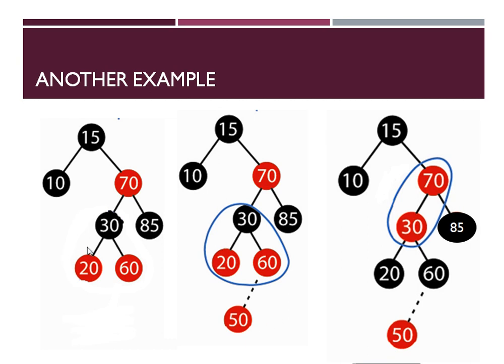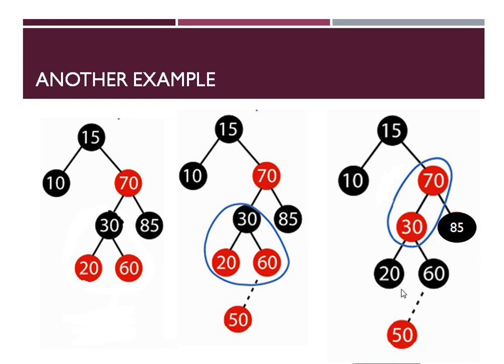Then at this point it is okay. Next, if you have another node to be inserted as 50, then you'll have to find the location where you can insert 50. So we found that at node 60 we can extend 50 as its left child. But then again you have a conflict, red conflict.